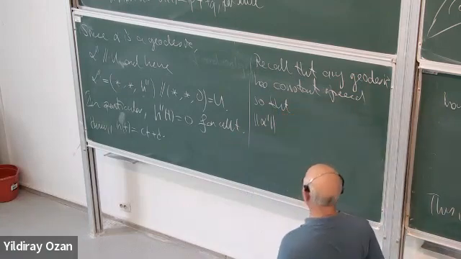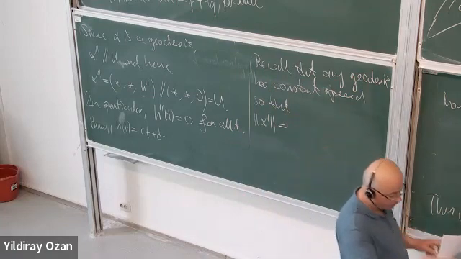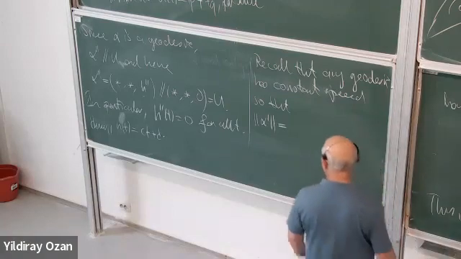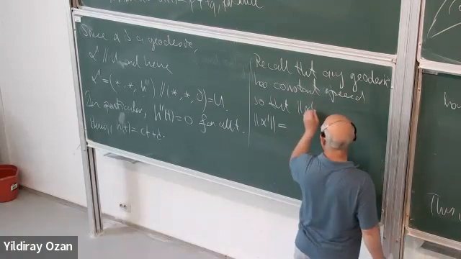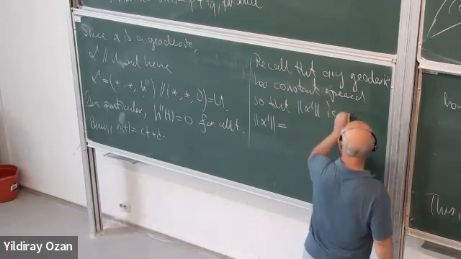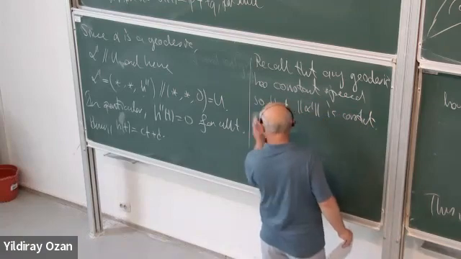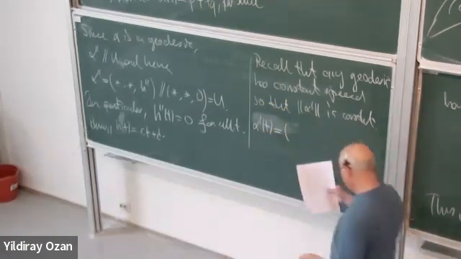But what is the norm of alpha prime? Well, I have to take the derivative of this. Let's see. Alpha prime(t).